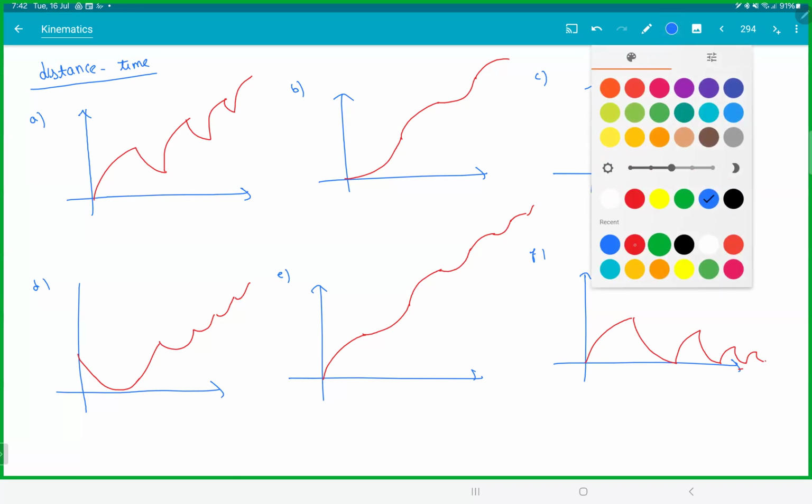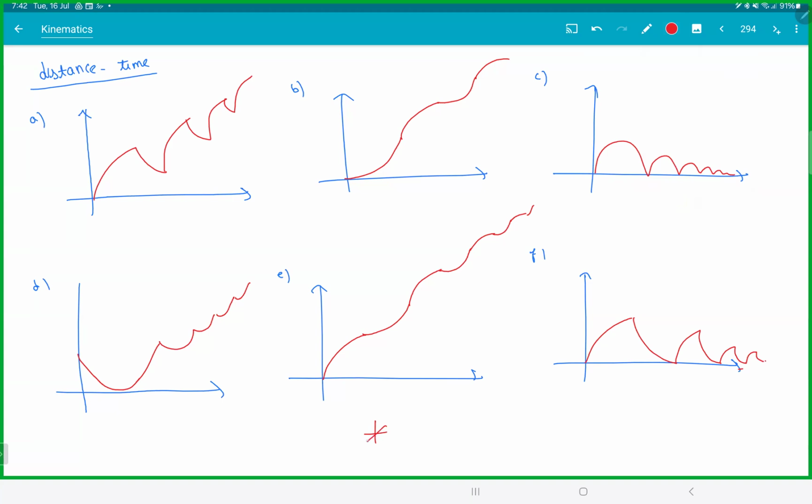Yeah, first thing, see. This is an important point. In a distance time graph, distance is always an increasing function. Because you go front or you come back, distance will always increase. Means in a graph, the distance should never come back.